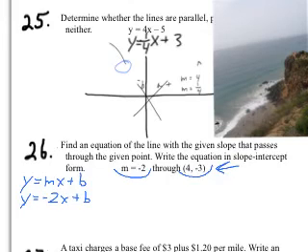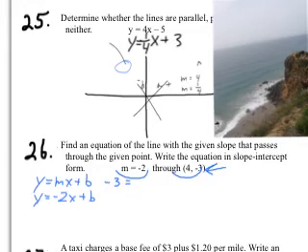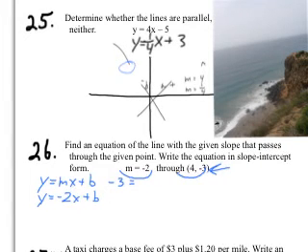So we have negative 3 equals, see the negative 3 is in for y, negative 2 times our x, which is 4, plus b, which we still don't know.